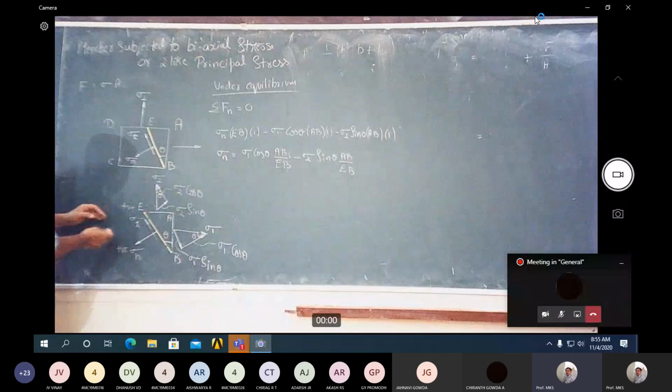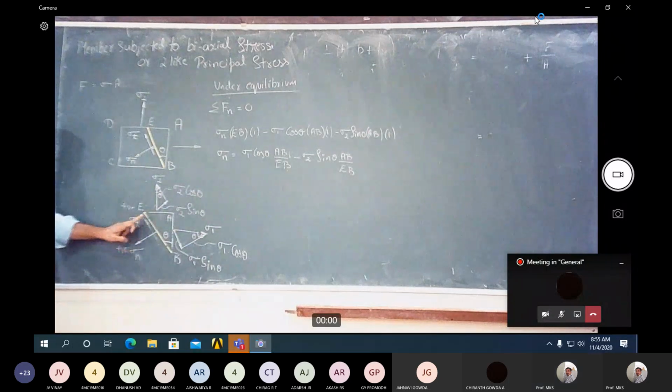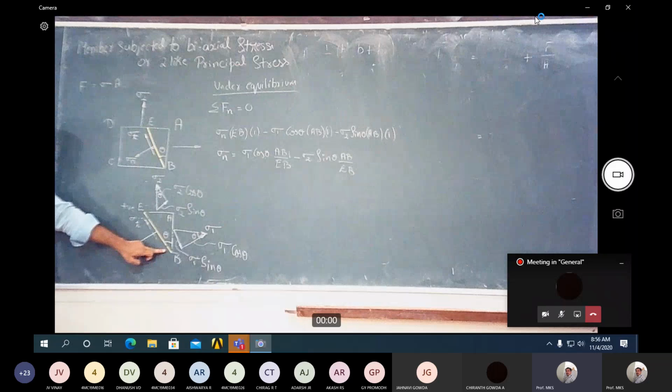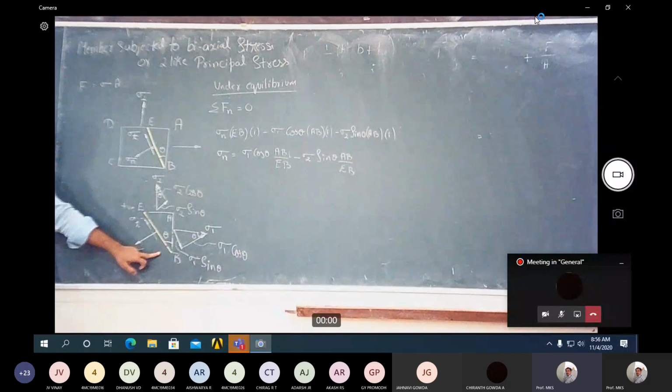So from this triangle ABE, what is AB by EB? Since AB is adjacent and EB is hypotenuse, AB by EB will be equal to cos theta, right?